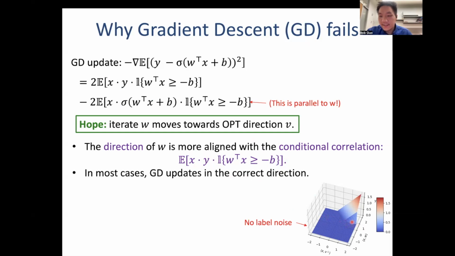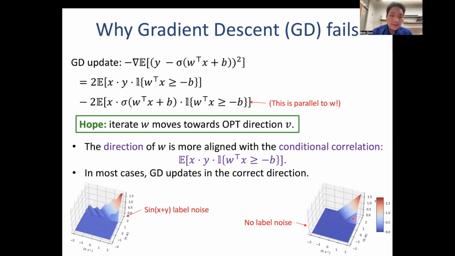That's why there's a cliff around this right corner. Similarly, if we manually add some very simple label noise, like this one, I believe it is sine of x plus y, then we'll also see the correlation being roughly in the correct direction. Namely, W will go towards the right, and the right is where we want it to go because the ground truth is indeed the top right direction.